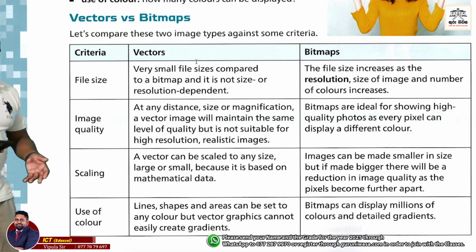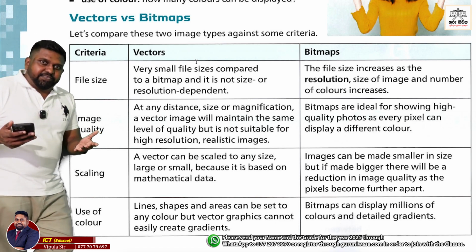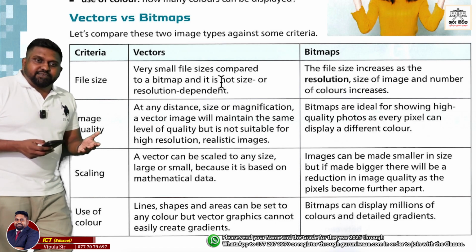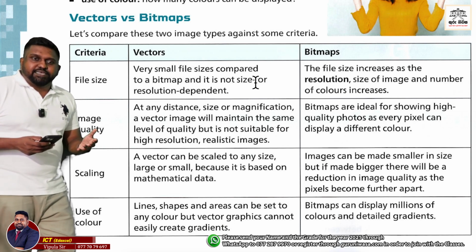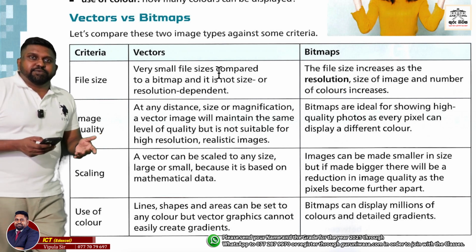I mean the image basically has a fixed size, and it doesn't change if the size or resolution changes. So basically the image is the same size as it is.